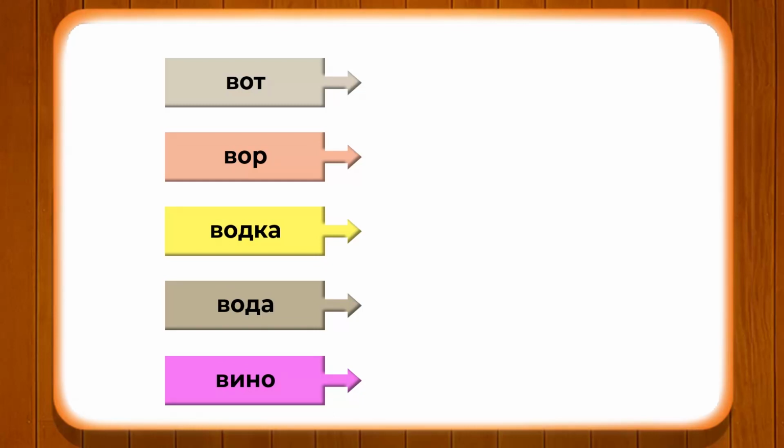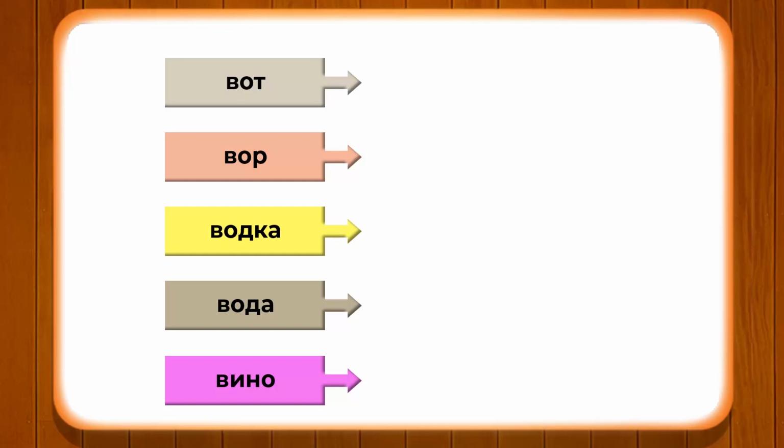I would like to recommend you all to pay attention to the tone and texture. You may find that there are certain words where the pitch of the sound is rising in the center, at the end, or in the beginning. For example, in the first word it is rising in the center, vot, vor. But in the next word, vodka, it is rising in the beginning.